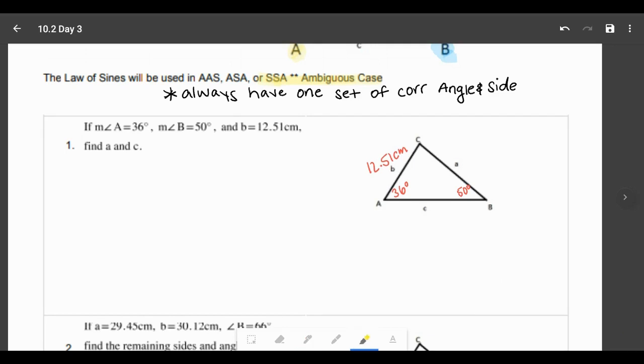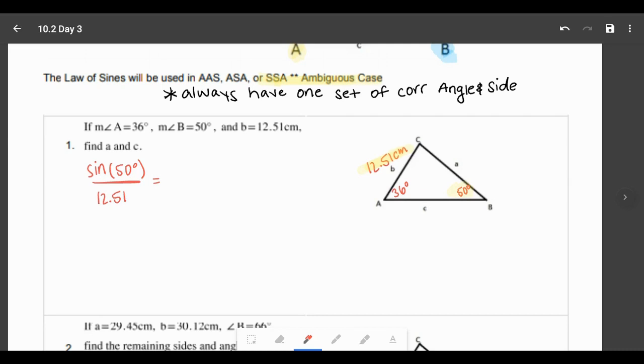I also notice that I have the corresponding angle and side for B. So when I set up both of my problems, I'm always going to start off with sine of B, which is sine of 50 degrees, divided by side B, the 12.51. And then I'm going to plug in either my corresponding A or C values.